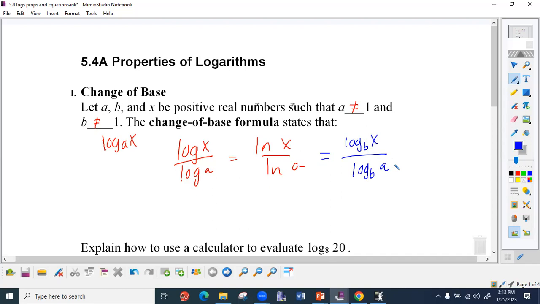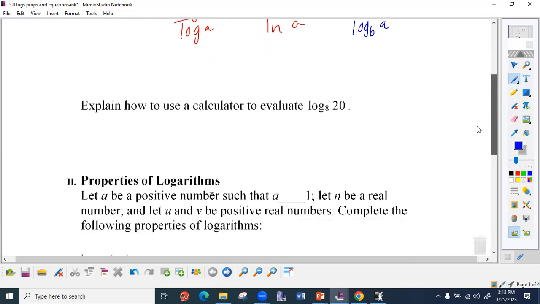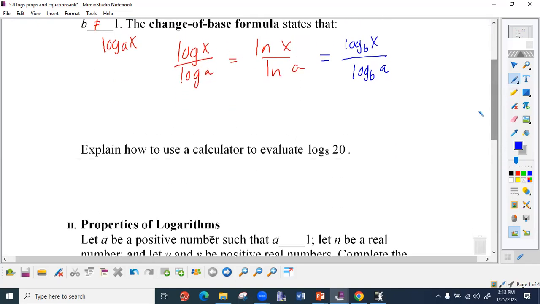But let's try it out. I would like for you, without using alpha window 5, to calculate log base 8 of 20. Because you can. We just went over how to do it.